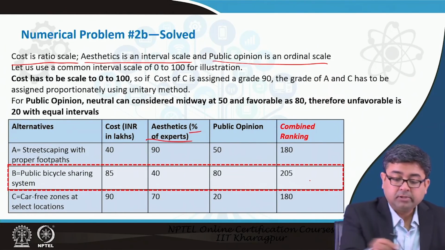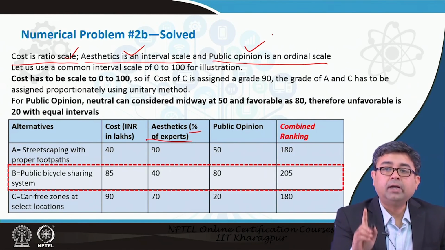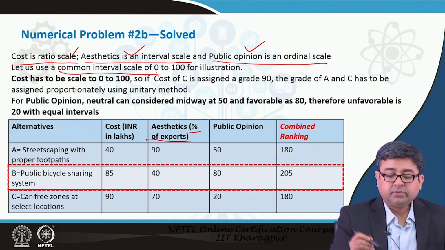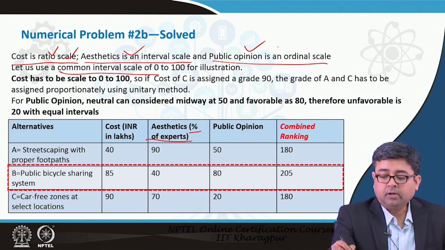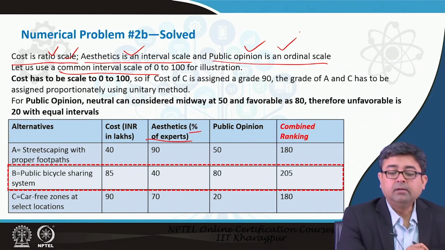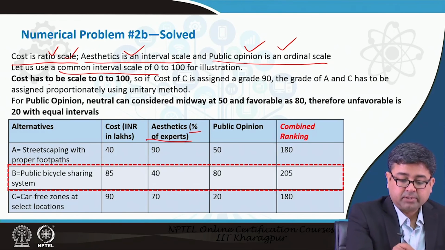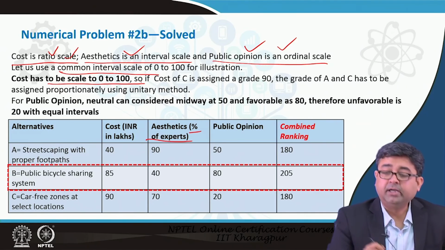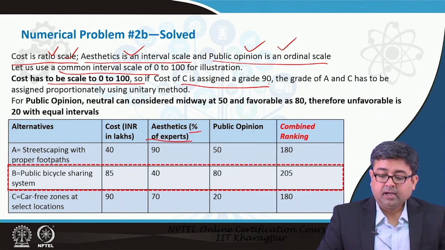So, there are 3 different scales, and you have to convert all of them into one common scale. For this example, say that we have converted all of them into an interval scale. So, for cost, which is a ratio scale, we can convert it into a 0 to 100 interval scale easily, saying that cost C is assigned a grade of 90.